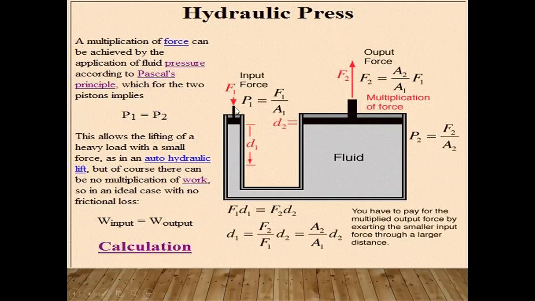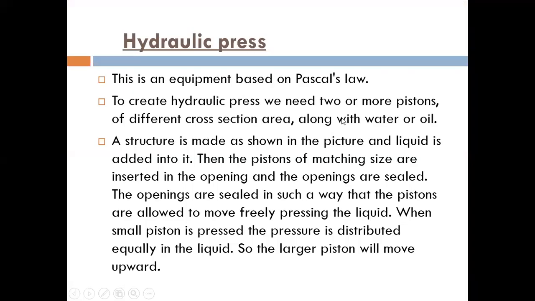When you apply force, that gets transmitted, producing an effect on this area of cross-section, due to which the liquid gets transferred, and that affects the second piston, and hence it works. Before going to the explanation of the hydraulic press, I'm going to discuss some more points related to this, and then I'll go for its structure.